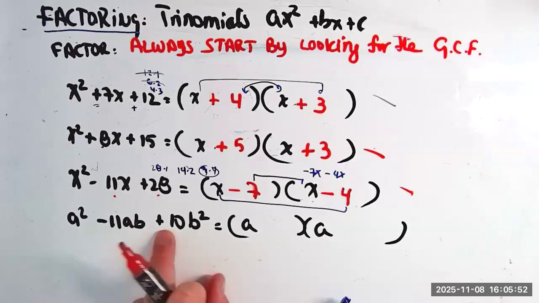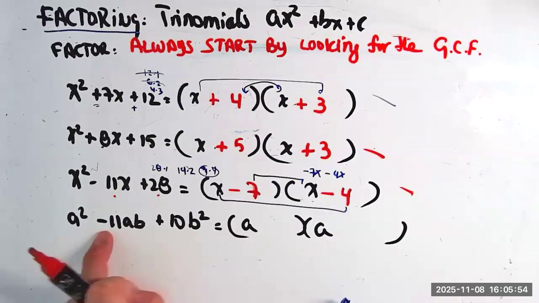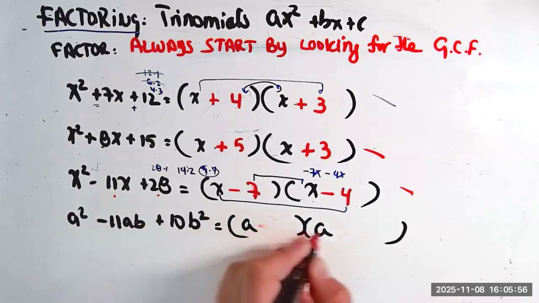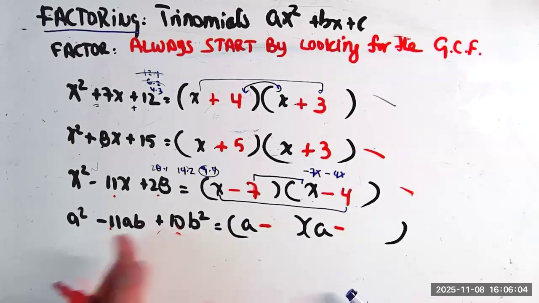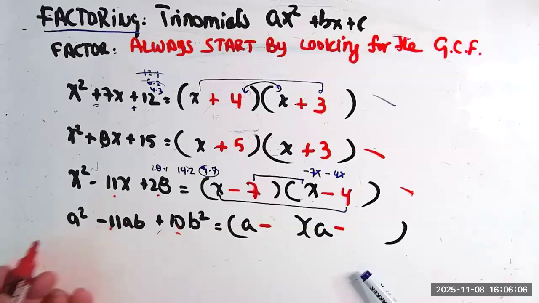Same here. 10b squared is positive. We are looking to get negative, so I need both of them to be negative. Factors of 10 that give me negative 11, where there are not that many either: 5 times 2 or 10 times 1. So the candidate will be, of course, 10 times 1, because 10 plus 1 is 11.